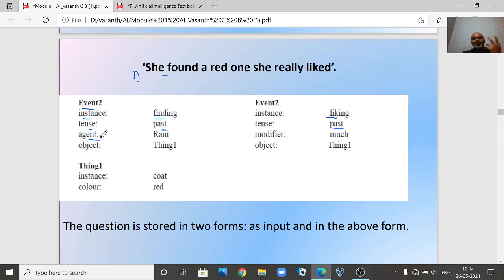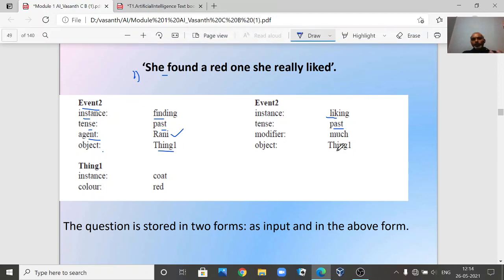Agent: who is the agent here? Rani, the name, the noun, is the agent. And the object, we are going to take as thing one. This is one for event. Like that we write another alternative: liking, past, modifier, and so on.